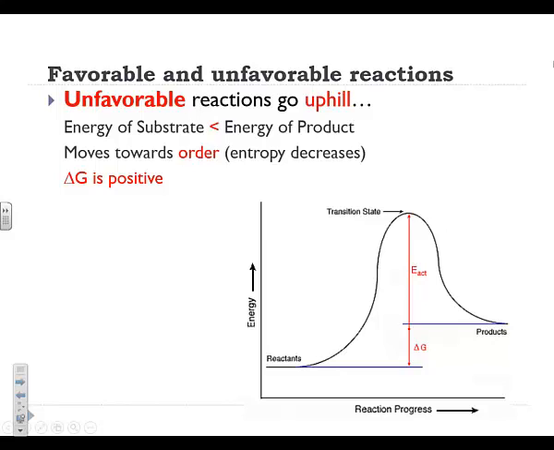In the case of the unfavorable reactions, if you couple them to a favorable reaction... One example that's given in your book is ATP, which has a delta G of negative 7.3 kcal per mole. So this is a very highly favorable negative delta G, right? Highly favorable reaction.